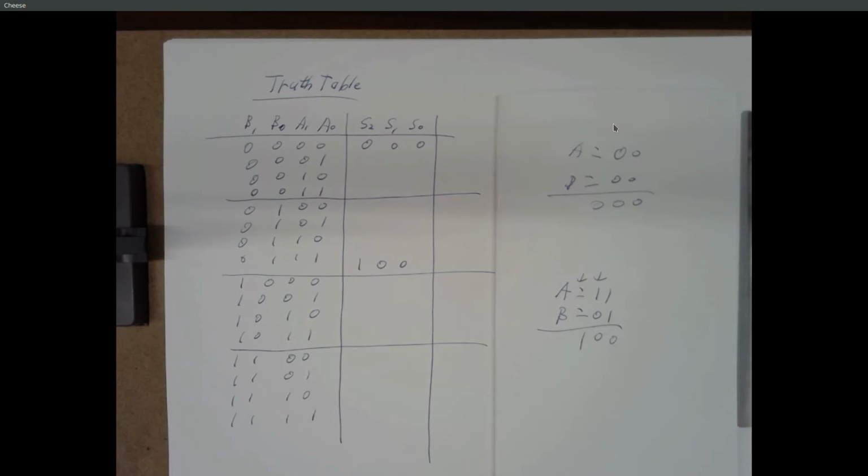start trying to write equations for S0, S1, and S2. This one actually came out 1 0 1, right? Oh, no, we can't, because it's 1 0 1. You could. And that's 1 1. That's 1 0 0.